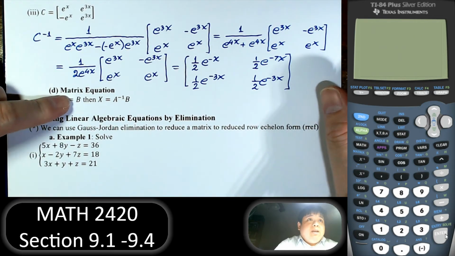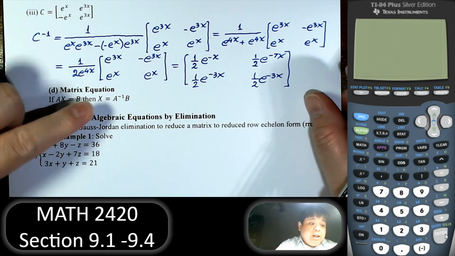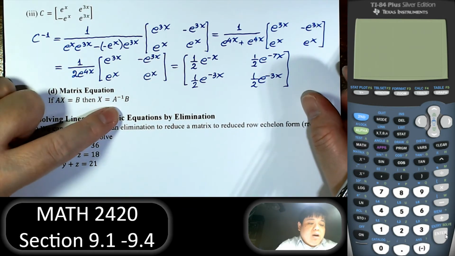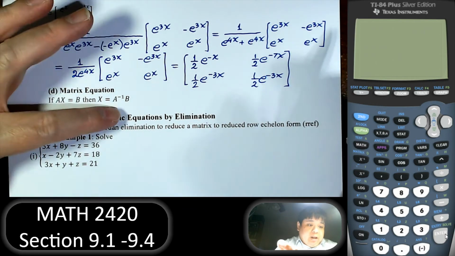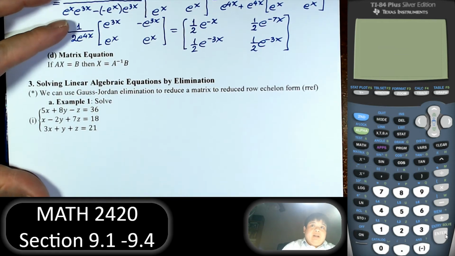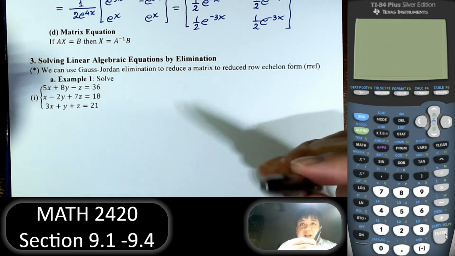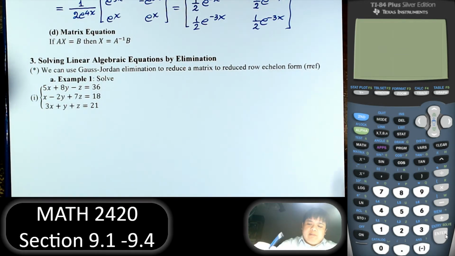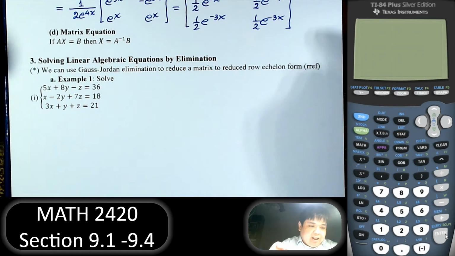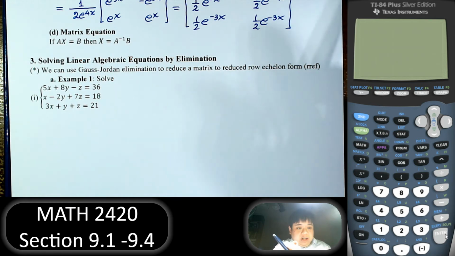And when we have the matrix equation AX equal to B, to solve for X, we can multiply the inverse on both sides, and we end up with A inverse B. We revisit this later in section 9.7, I think. Next, we will have the Gauss-Jordan elimination.